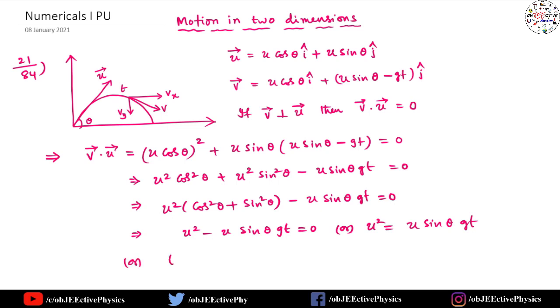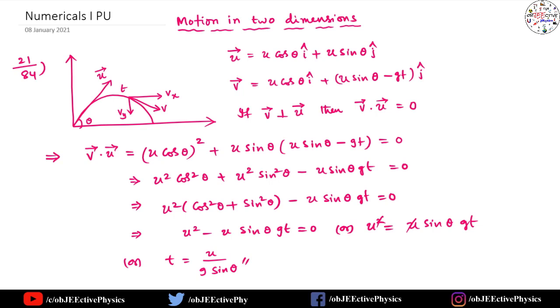So t, the time after which instantaneous velocity and initial velocity are perpendicular to each other: in this equation u cancels, so t is equal to u divided by g into sin theta is the answer.